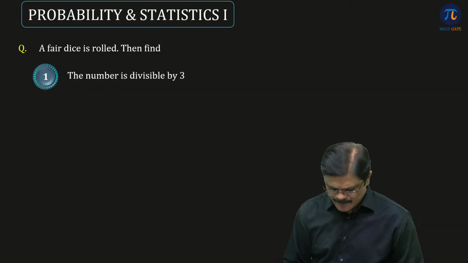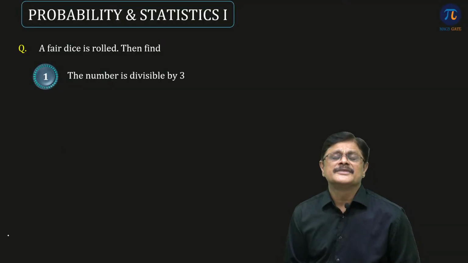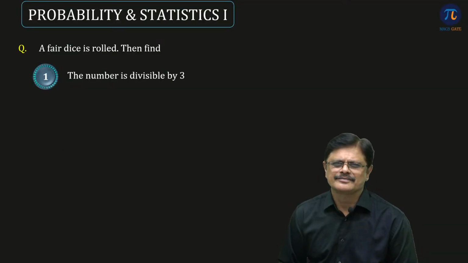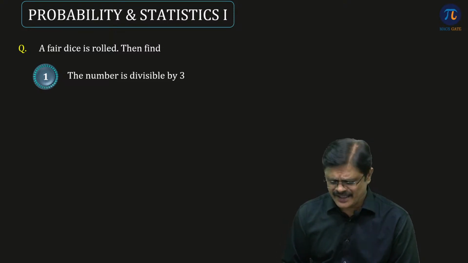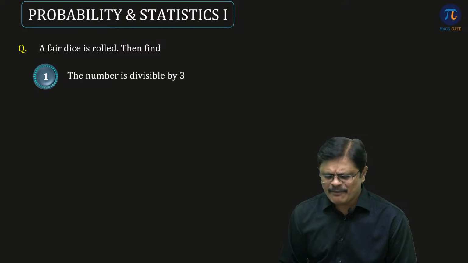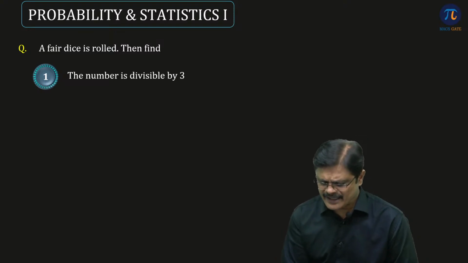Before starting, let me ask you one simple question. A fair dice is rolled. That is a single fair dice. Fair dice means all the outcomes are equally likely.